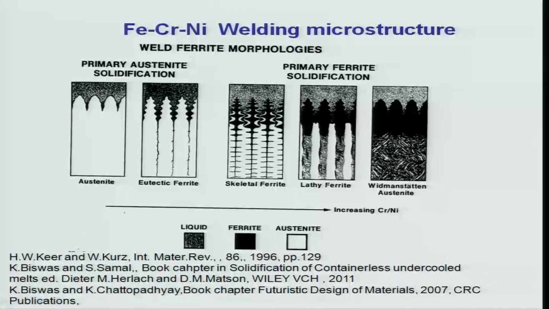So initially you have austenite or gamma grains, gamma is FCC iron, and these gamma dendrites grow, and then there is a reaction between the gamma and your liquid. And so what will happen? This is the eutectic ferrite, you can see eutectic presence here. So this reaction will lead to formation of these dendrites.